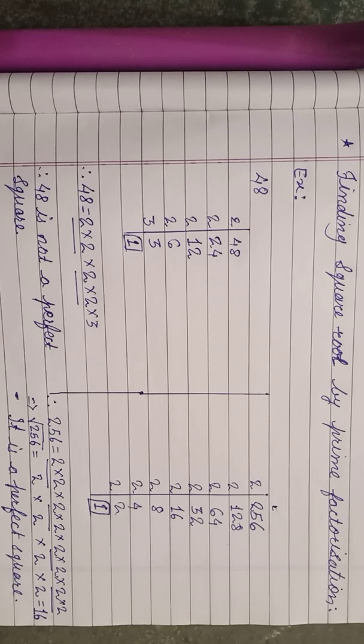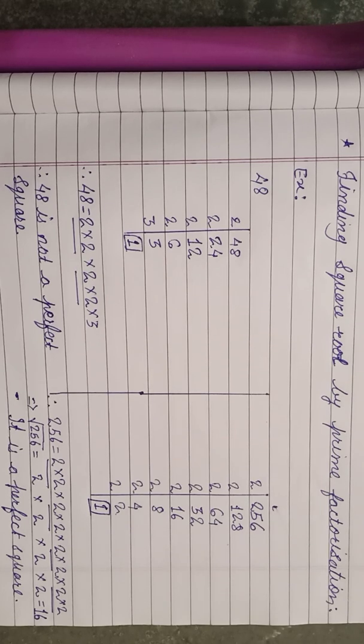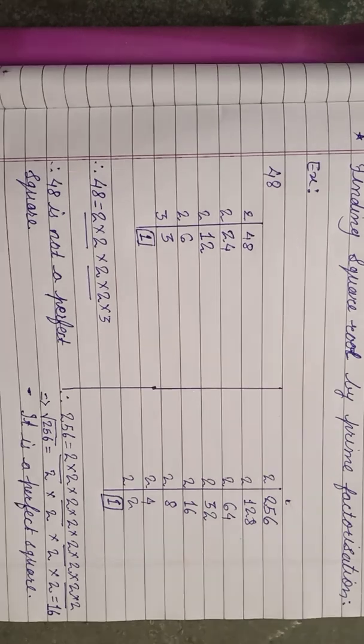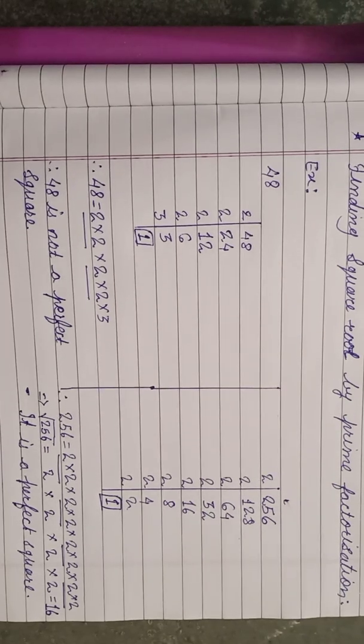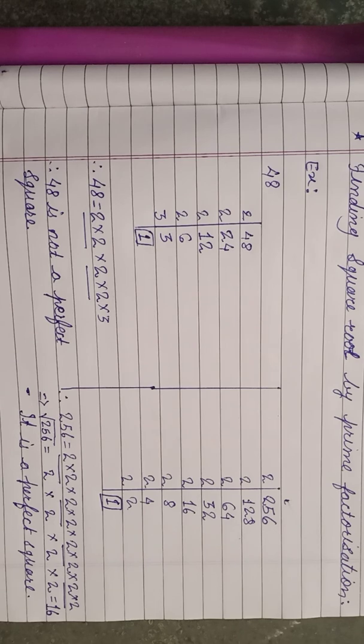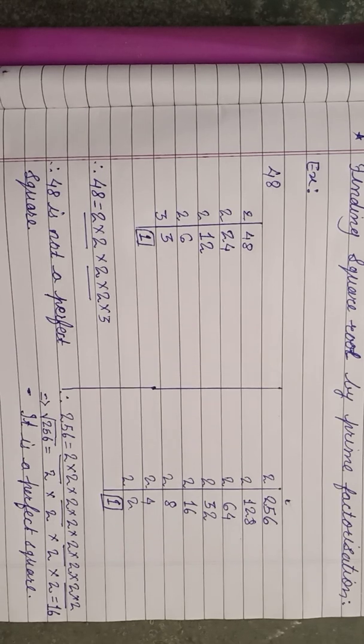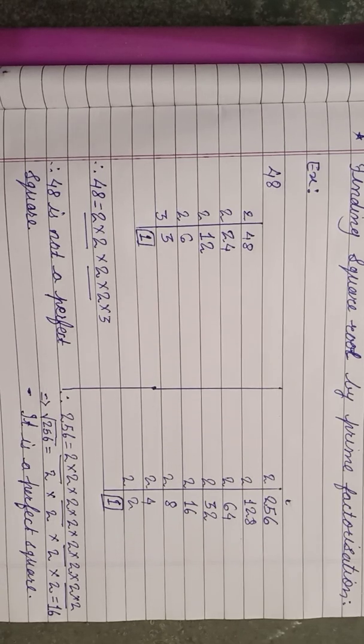See here, 2 is in a pair, again 2 is in a pair, but 3 does not have a pair. That's why 48 is not a perfect square number. And if you remember the square chart, we know 6 square is 36 and 7 square is 49, so 48 is not a perfect square number.